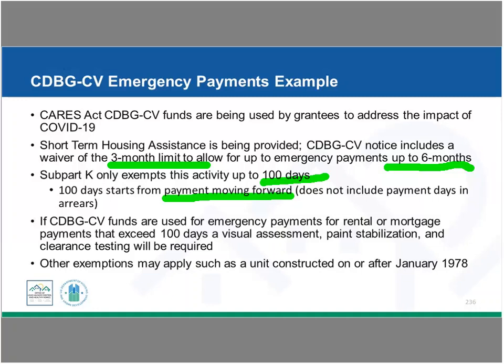If you had an applicant that came to your program on June 9th and they had just missed their June payment, and so they wanted 6 months moving forward, then you would be unable to pay 6 months worth of assistance with CV without triggering the requirement of having to do a visual assessment and treatment and clearance for any unstable paint.